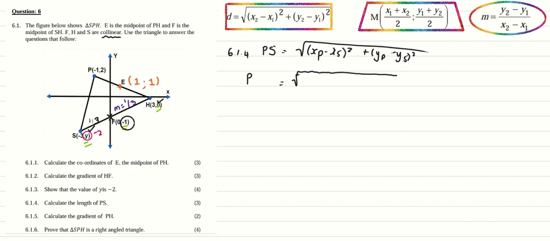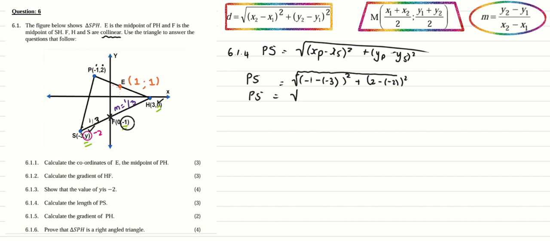Okay, so the x value of p is minus 1, the x value of s is minus 3, so this is minus the negative 3, and then we square that, plus the y value, which is 2, and the y value of s, which is negative 2, and then we square these values.